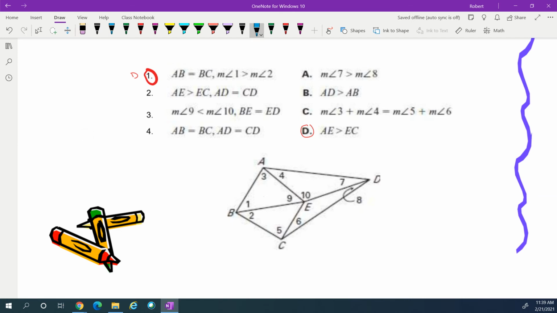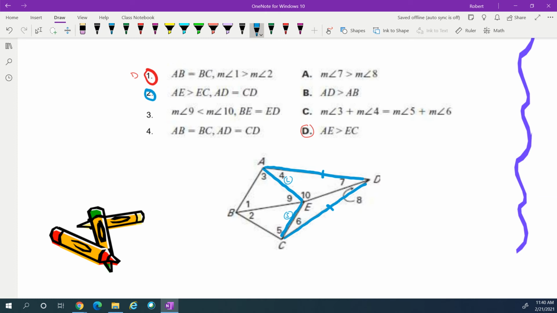So number 2, AE and EC. So those are the segments, and they're telling us that AE is large and CE is smaller. AE is greater than EC. Now we have AD is equal to CD. So those two are congruent to each other.